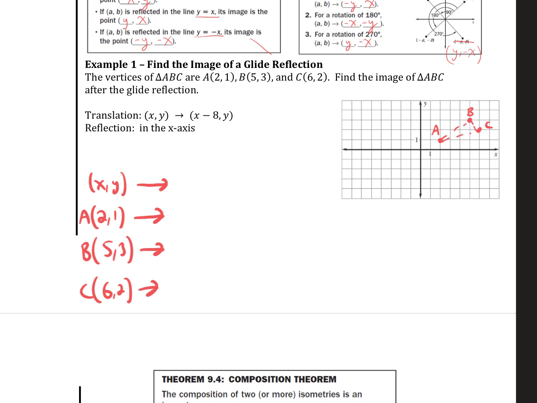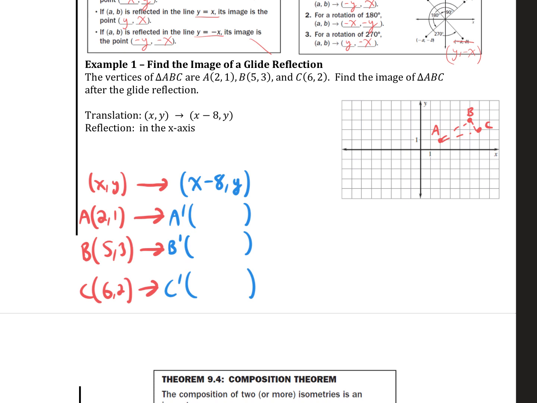Now, I'm going to use blue for the intermediate step here, which is the translation. What's the rule for that? Well, it's going to be x minus 8 and y. So it's going to be A prime, B prime, and C prime. Why don't you see if you can figure that out? Go ahead and pause it and see what's going to be here.